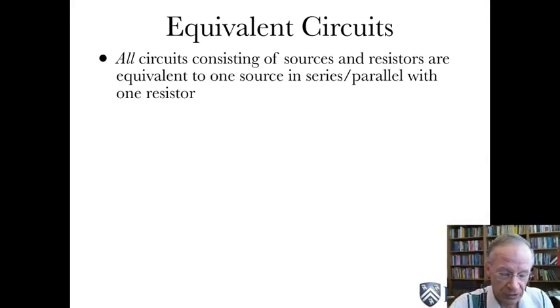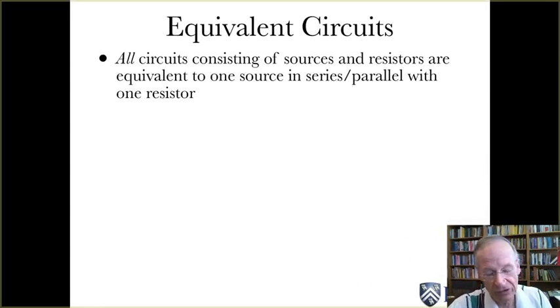Okay, so what do we discover? What we discovered is that all circuits consisting of sources and resistors are equivalent to one source, be it a voltage source or a current source, that's in series or in parallel with a single resistor.